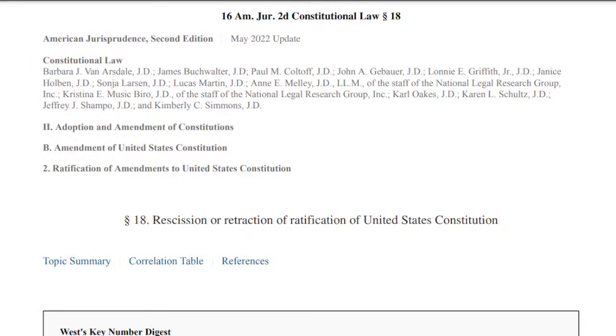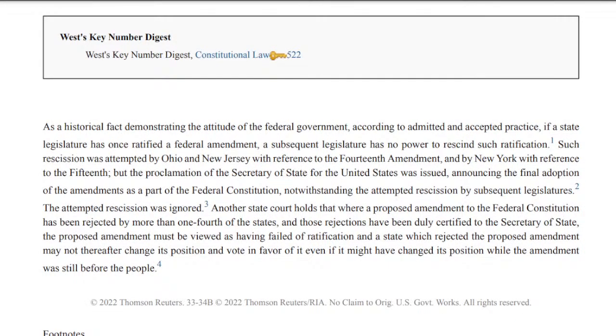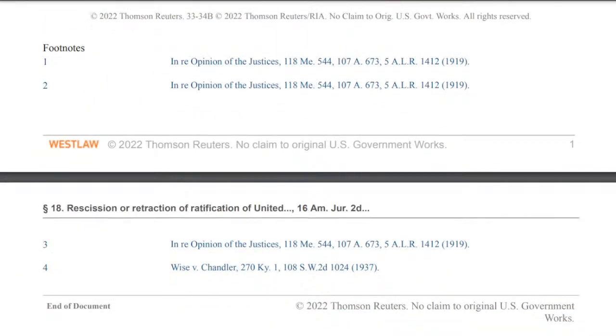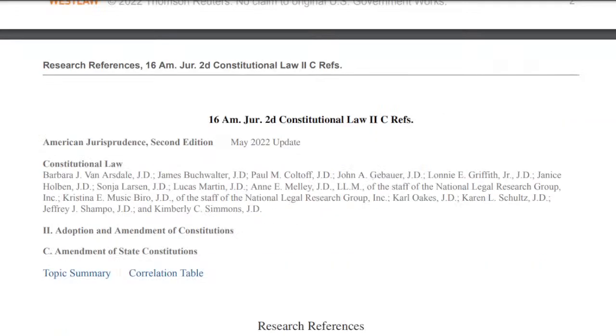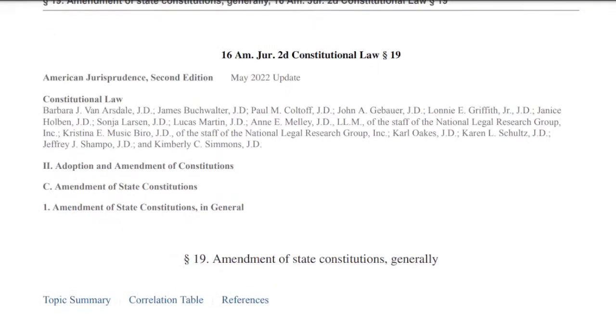We have rescission or retraction of ratified United States Constitution amendments. Again, these are very special issues. If there's anyone that has a particular issue where this would apply, let me know and we'll stop and dig into it, but I'm not aware of anyone challenging any of this right now.